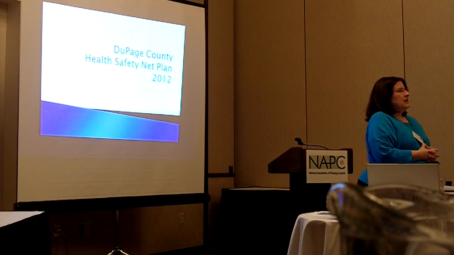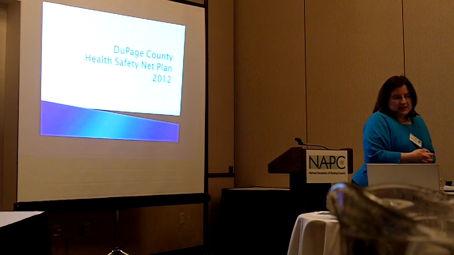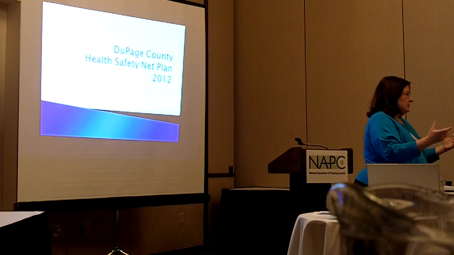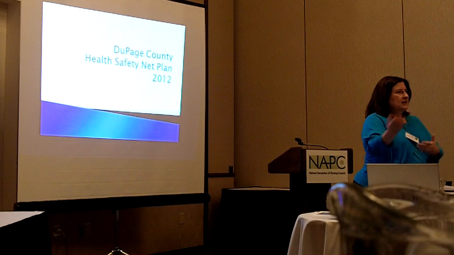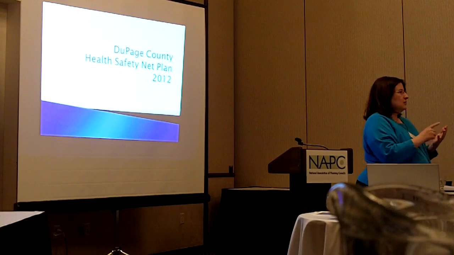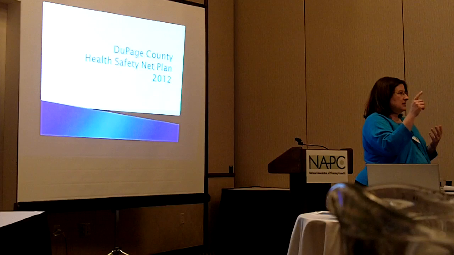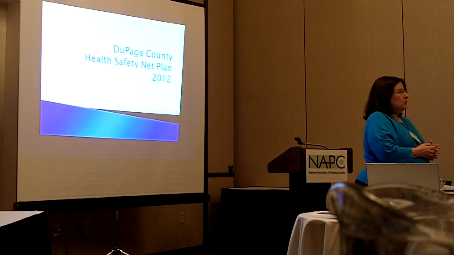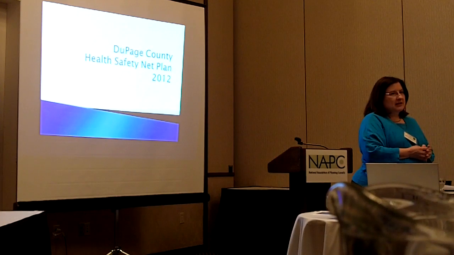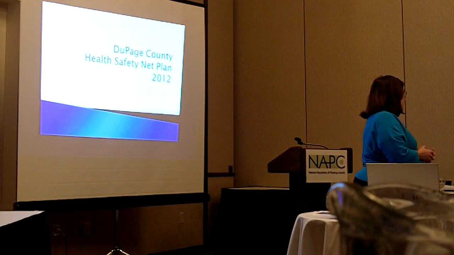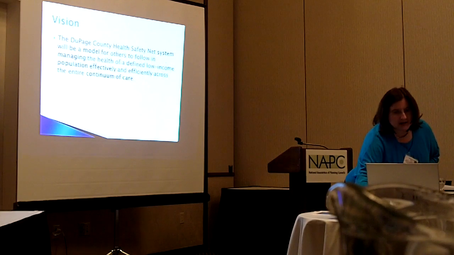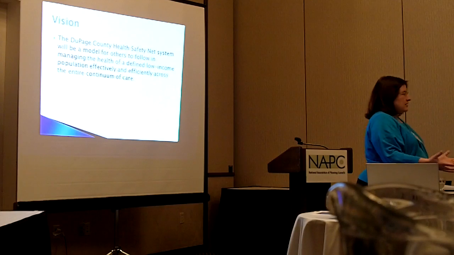The underlying assumption here is that the DuPage Health Coalition, which is a 501c3 organization owned by 14 member organizations, including the hospitals, the health department, and the medical society, with our organization as one of the member organizations, will collectively take responsibility and accountability for making sure we have a health safety net. The plan articulates how we're going to go about doing that.